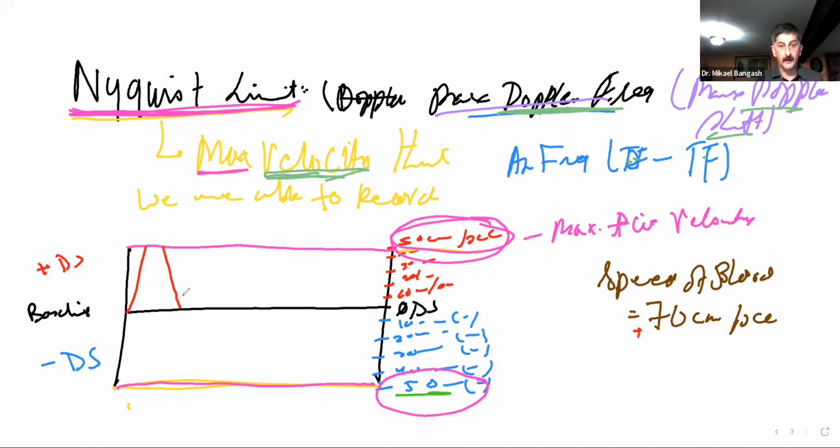But where we are is we are missing, well, this is just going to be 20 centimeters per second, which we aren't able to record here because the speed that we are able to record was maximum 50, but the blood is flowing at a speed of 70 centimeters.